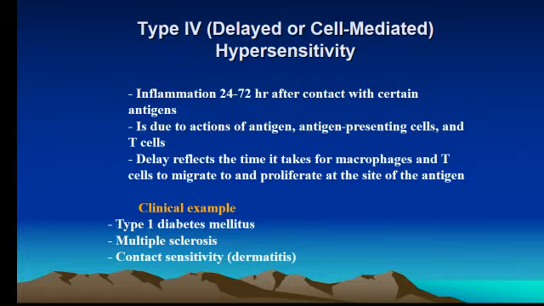There are many points to indicate with this type: the inflammation, which could take 24 to 72 hours after contact with a certain antigen, is due to action of antigen presenting cells and T cells.